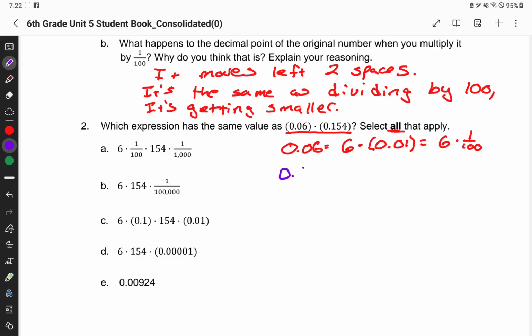And so 154 would be 154 times 0.001, because there's 3 decimal places. 3 decimal places would be tenths, hundredths, thousandths, so 1 over 1,000.